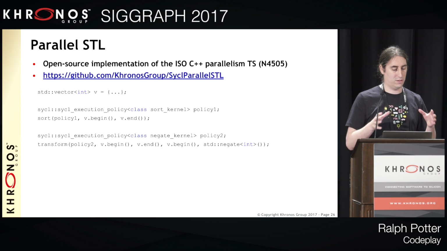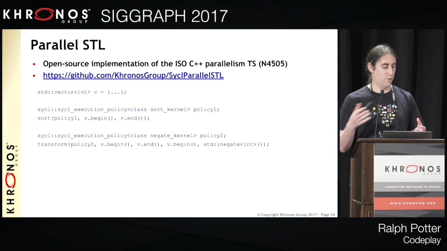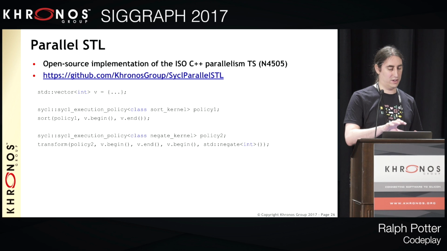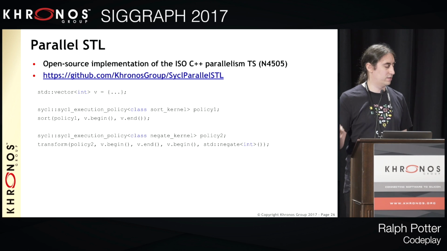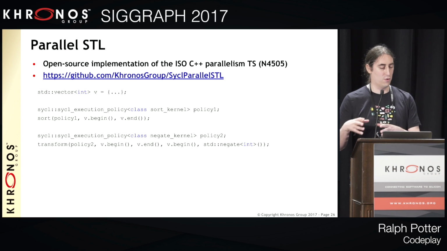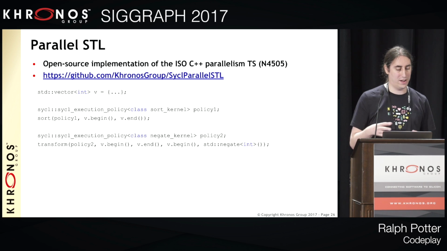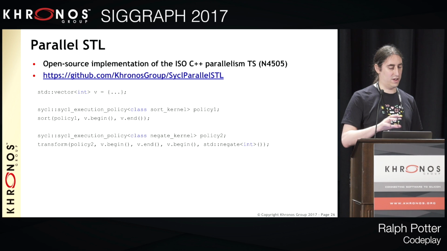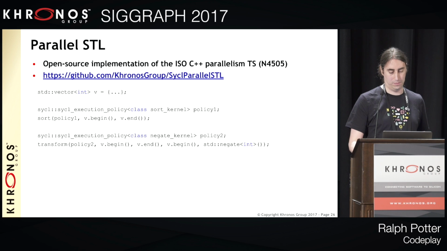This allows you to take standard template library algorithms like sort or transform or for_each, and by passing an execution policy which you can configure to run on a particular device, you're saying, do my sort on a GPU or apply this transform on an OpenCL processor. So it's a very simple way to get some OpenCL acceleration just by changing one parameter of a sort or of a transform function.